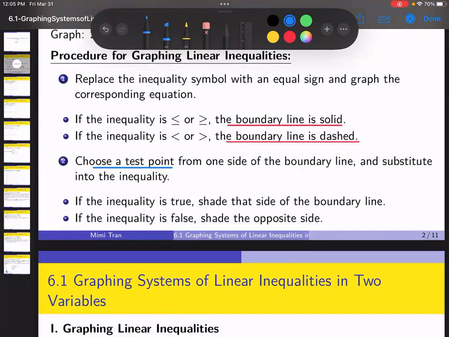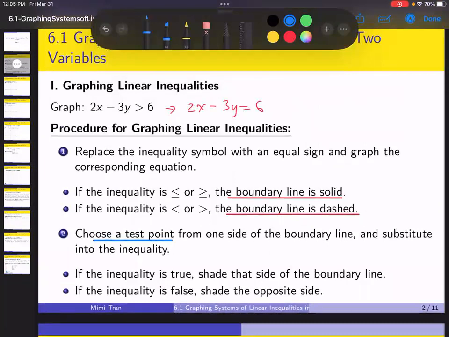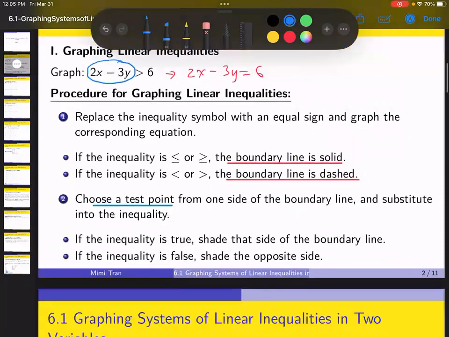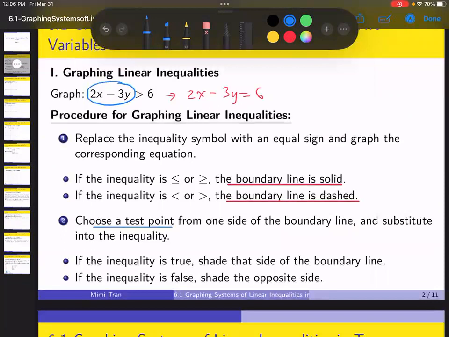Then you plug the point that you picked into the original inequality. If you plug it in and it turns out the left-hand side is indeed greater than 6, then the side that you picked is a solution. If the inequality is true, say you plug it in and 8 comes up, greater than 6, then shade that side of the boundary.